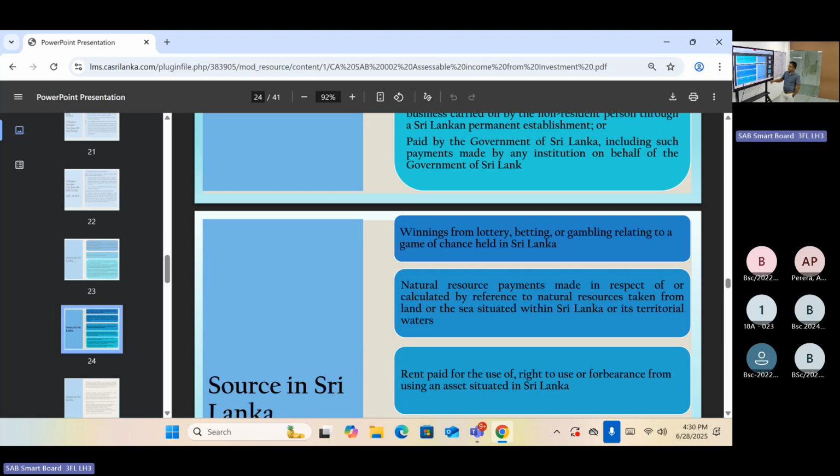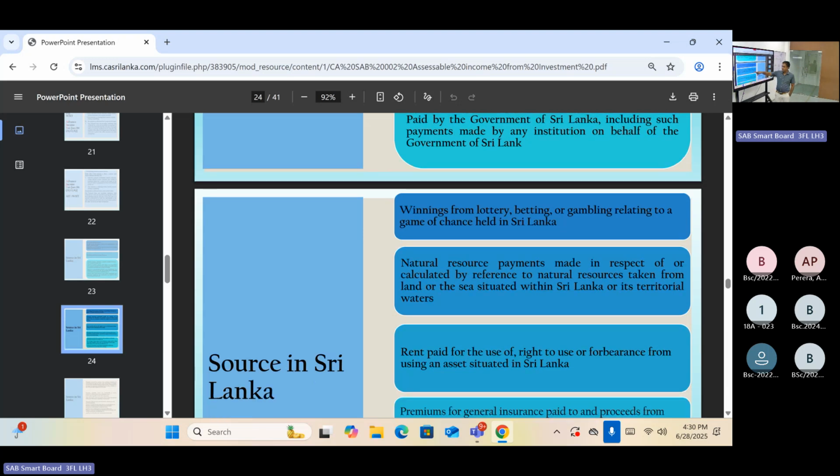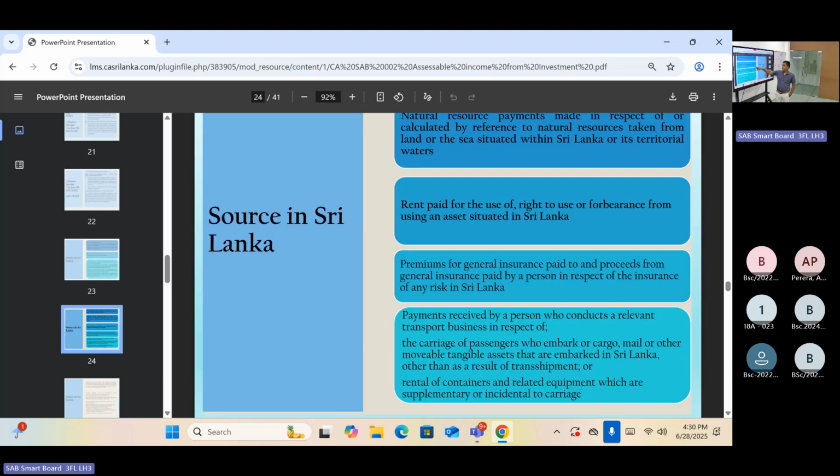Natural resource payment: if the resource is in Sri Lanka, land or sea, it shall be considered as a source in Sri Lanka. Rent: if the property is situated in Sri Lanka, it shall be treated as a source in Sri Lanka. In the case of insurance premium, if the risk is in Sri Lanka, it shall be treated as a source in Sri Lanka.